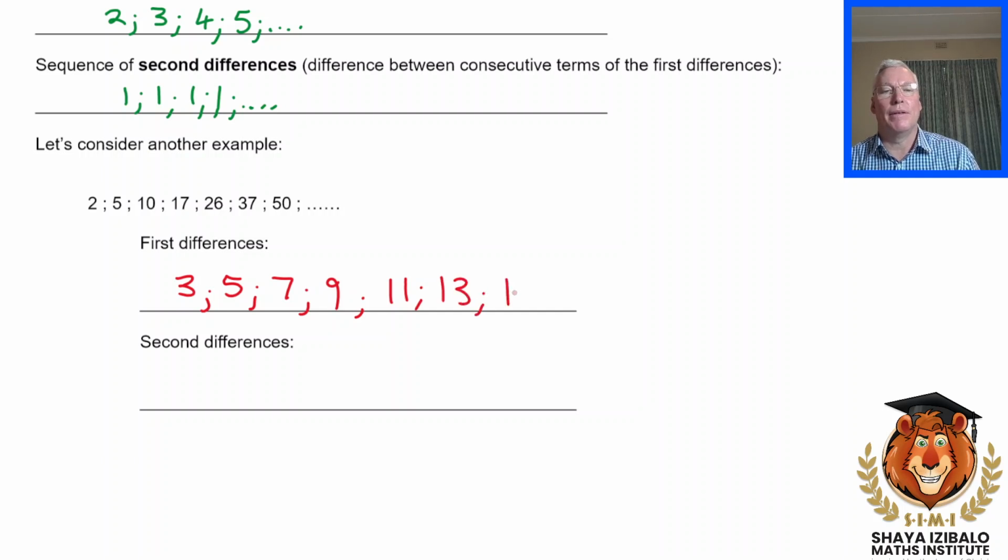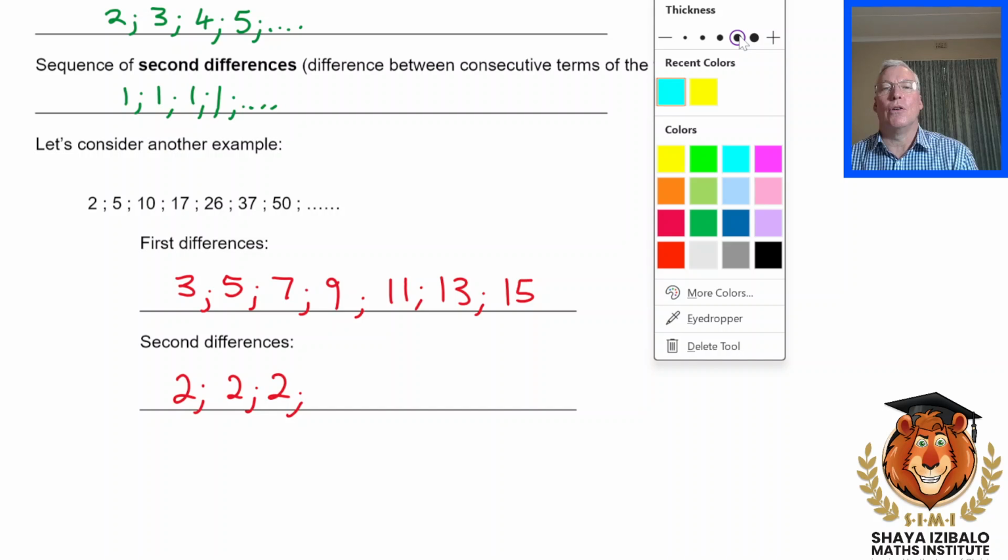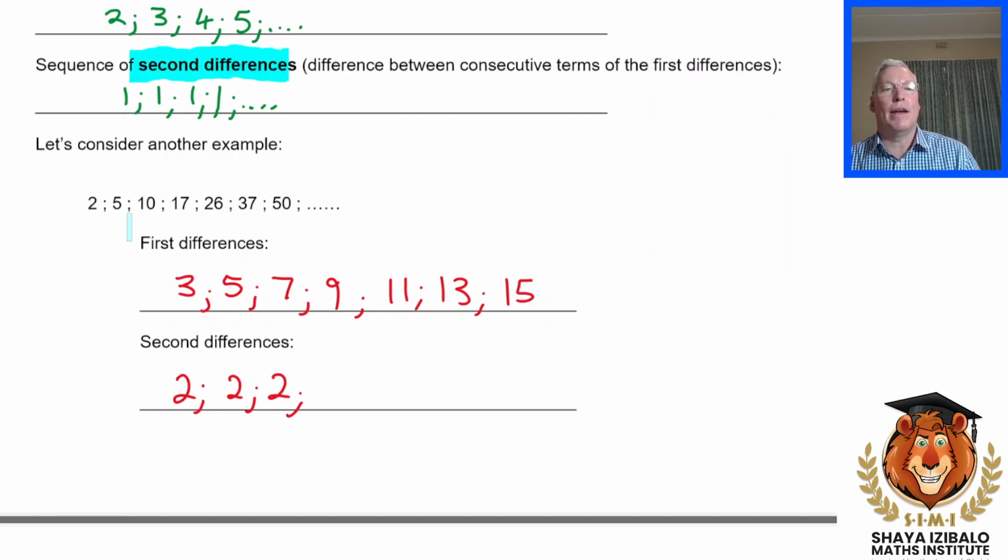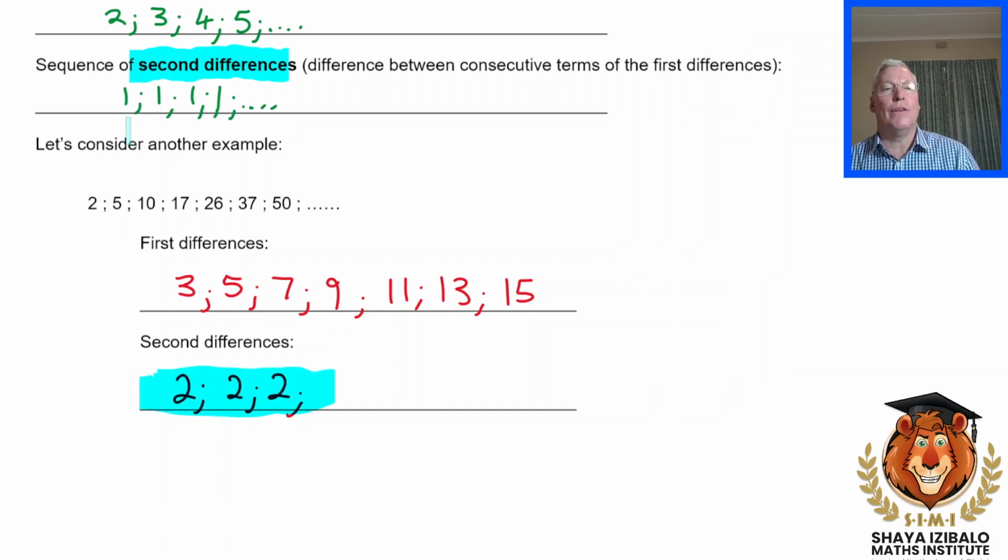Right, in fact, the last one here, that 13 was the last one. The next one would be 15. Okay, the second differences are 2, 2, 2. And notice that the second differences are common. Okay, so that is the deal with these type of sequences, is that the second differences are common. That's how we pick a quadratic sequence.